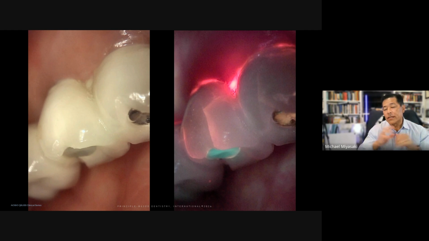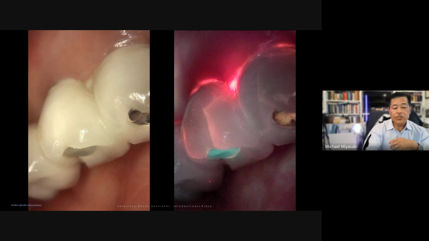And then you look, and we've done programs about this in the past too, when you look at the restorations and the cracks in the restorations and the red glow in those cracks, we know that these are starting to become very large cracks, and there's biofilm developing in those areas, and that's why it's starting to glow red. Being able to show this to our patients, explain that this patient is a clincher and a grinder, and that's what's causing these restorations, I would submit, to fracture like this.